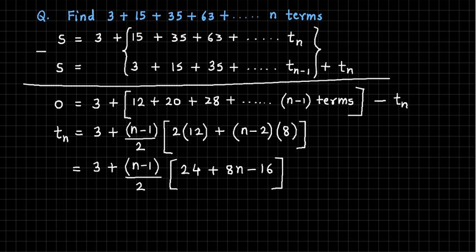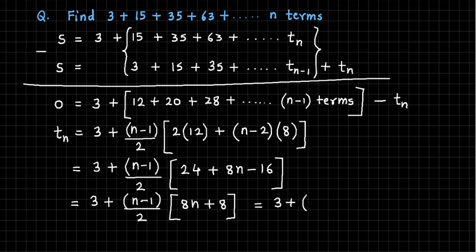That further equals 3 plus n minus 1 whole upon 2 into the bracket 8n, and 24 minus 16 is plus 8. So that gives us 3 plus n minus 1 upon, well, we can cancel out the factor of 2, and what remains in the bracket is 4n plus 4.